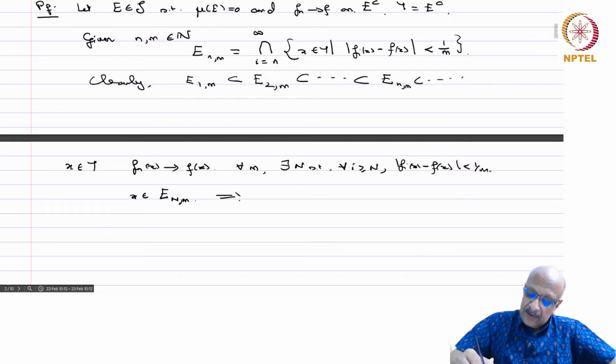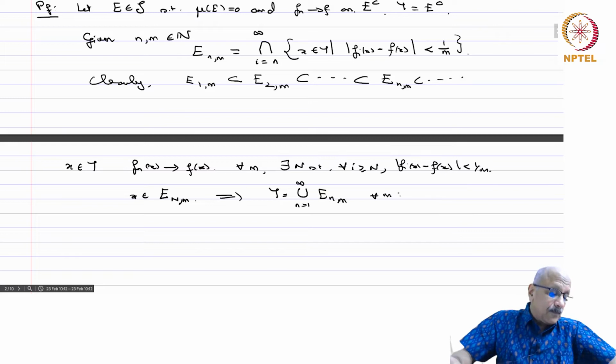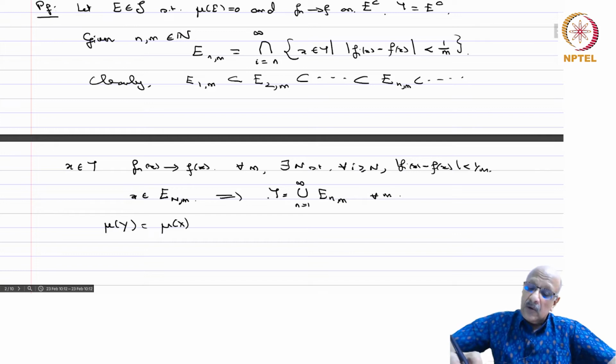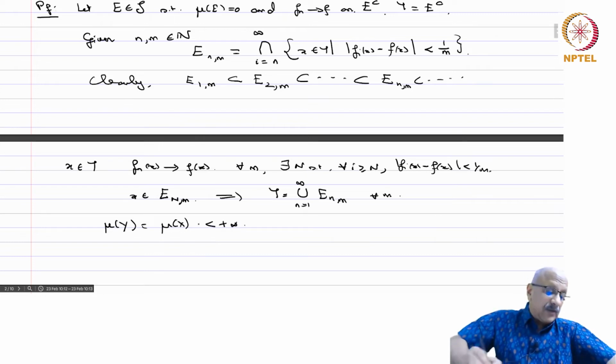So this implies that Y equals the union over n equal to 1 to infinity of E_{n,m} for every m. So mu of Y is the same as mu of X, because Y union E is the whole of X, and E has measure 0, so mu of Y equals mu of X, and this is less than plus infinity.